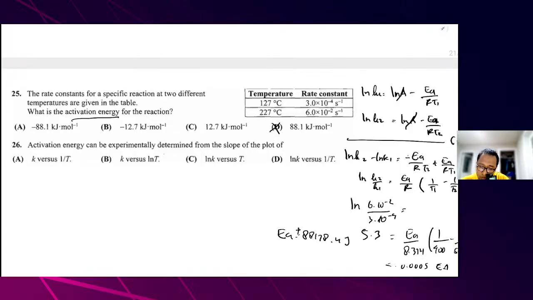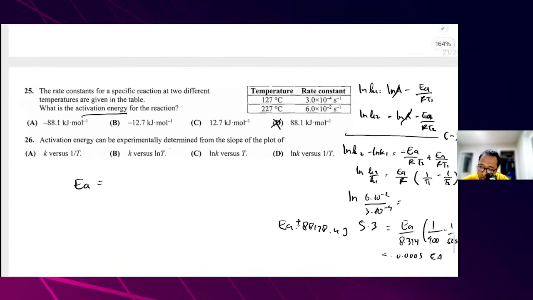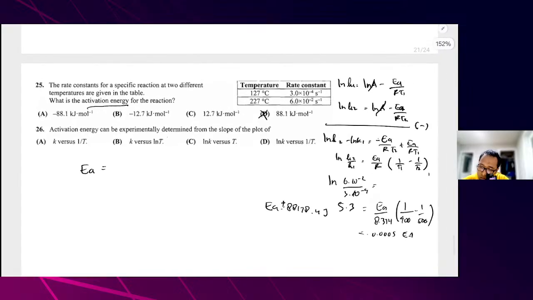Activation energy can be experimentally determined from the slope of the plot of what? EA can be determined by the slope of what? See, guys? Over here we see that the equation is ln K equals ln A minus EA over RT.